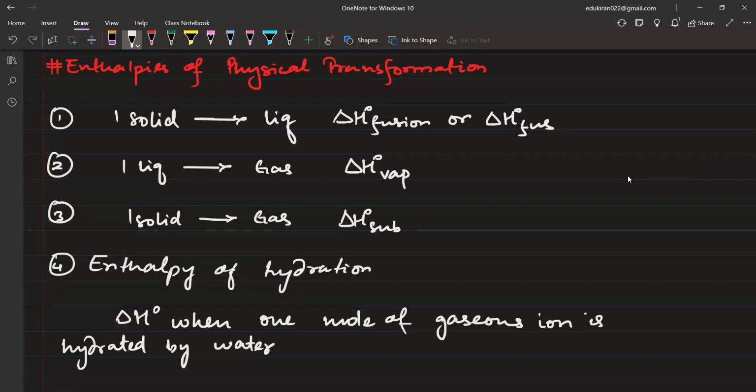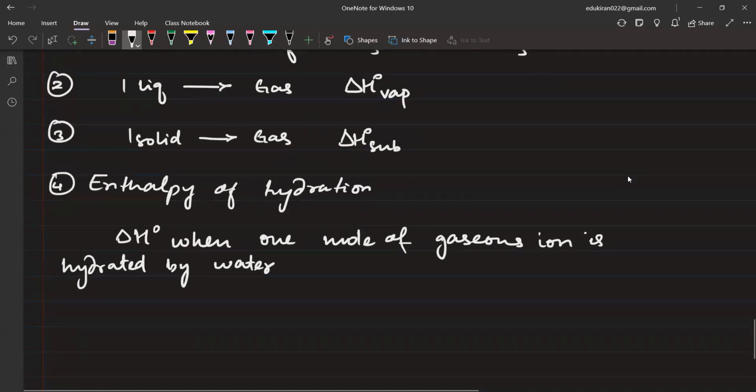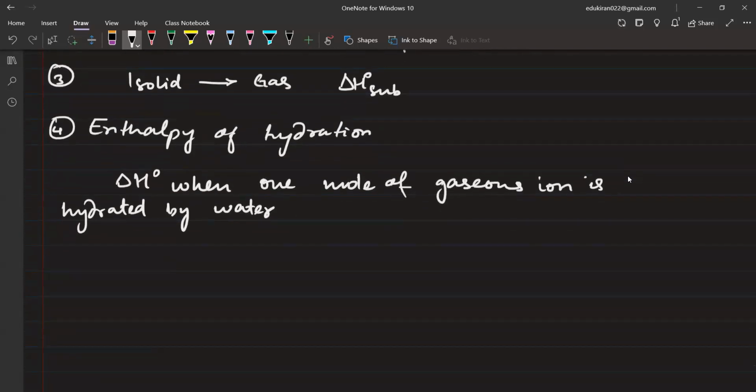That is the enthalpy of hydration. इसी में एक सिमिलर चीज है, fifth is enthalpy of dilution.